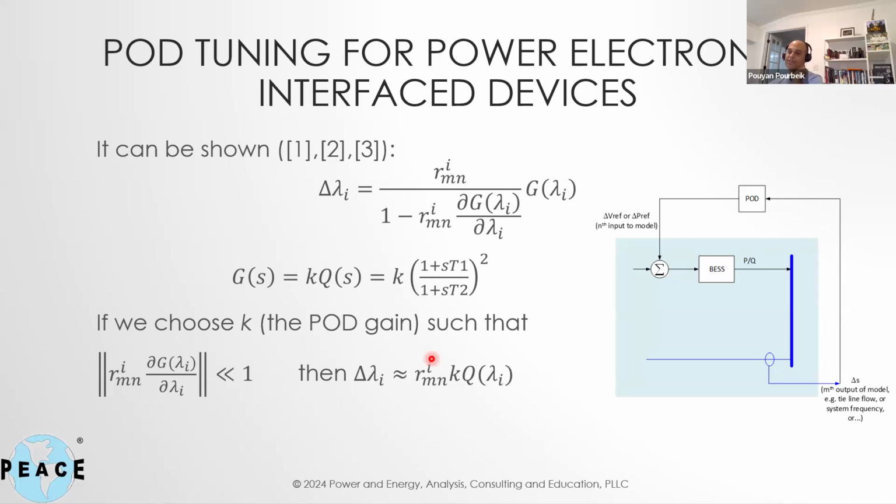That means a left shift in the state space domain. In other words, a damping of that eigenvalue. So I can use that as a means to tune my POD.